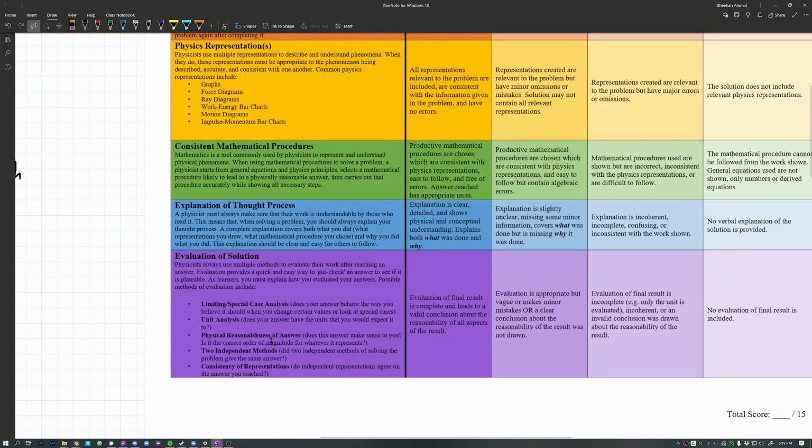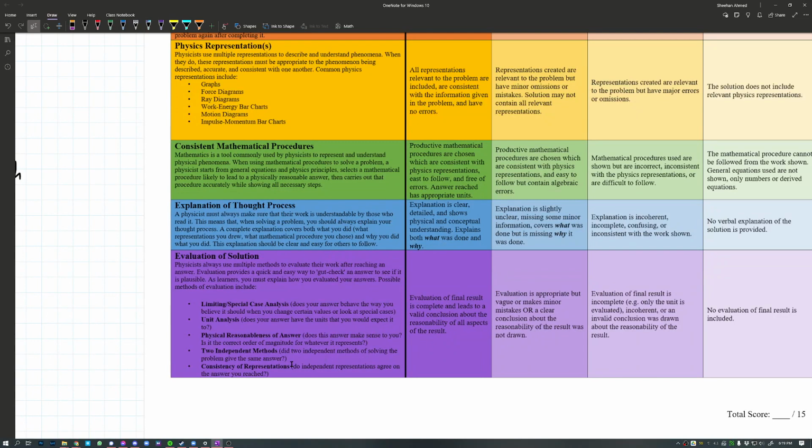Unit analysis: does the answer have the units you would expect it to? Physical reasonableness of the answer: does this answer make sense to you? Is it the correct order of magnitude? Like if you're finding the mass of a person and you end up getting 3,000 kilograms, that's not reasonable, right? Even if it just came out of your math.